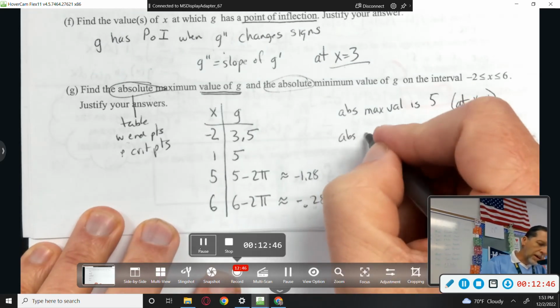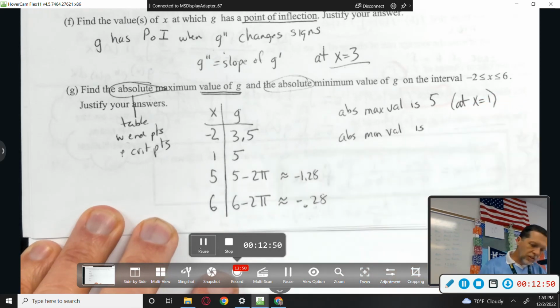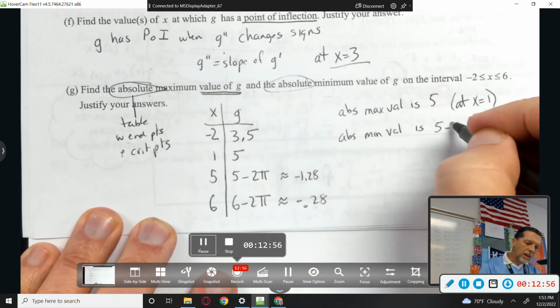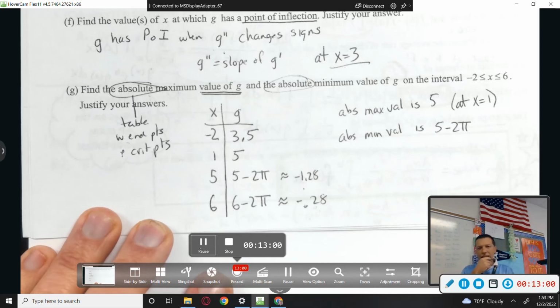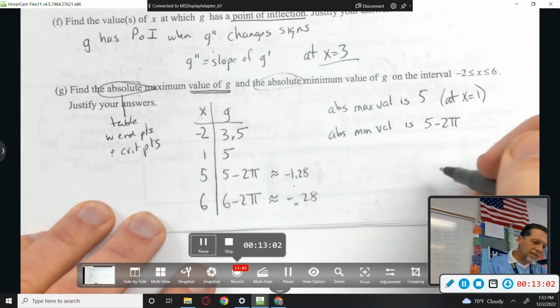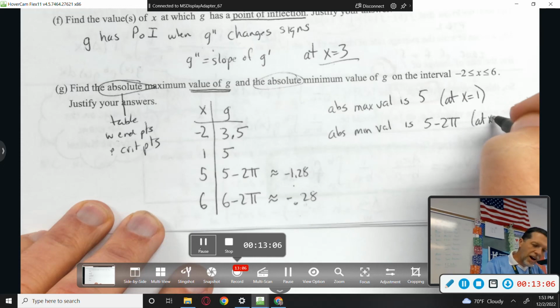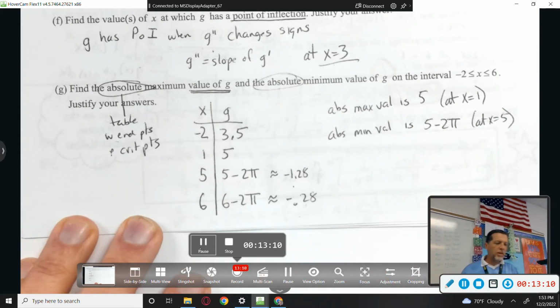And the absolute minimum value is 5 minus 2 pi. I better give the actual value, 5 minus 2 pi. If you put -1.28, I don't know, just don't. And that happens at x equals 5. Again, that's not really part of the answer, but it helps keep things straight.